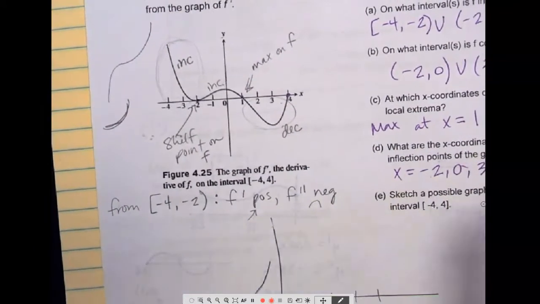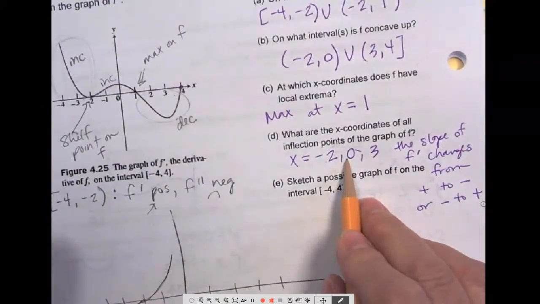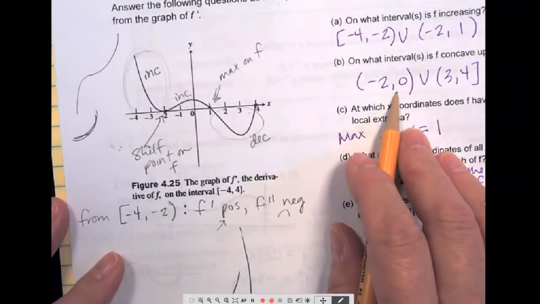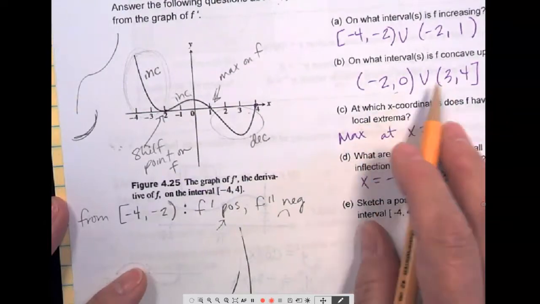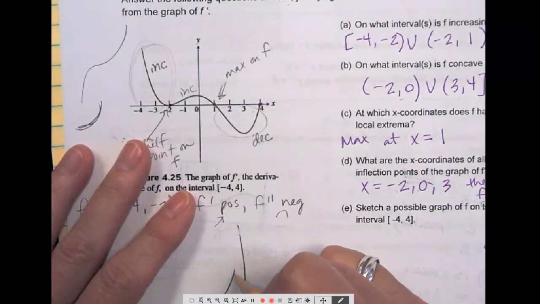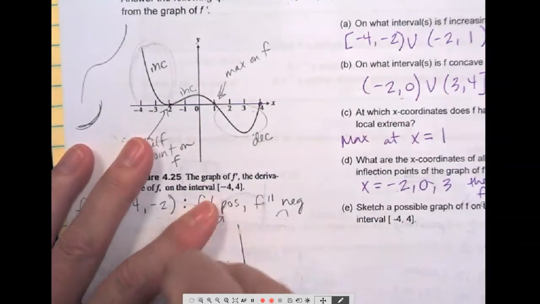Okay, until what point? Remember at 0 we had another point of inflection. We are concave up until we get to 0. And then we're concave down because we're not concave up again until 3. Okay, so I'm going to go like maybe not so steep.